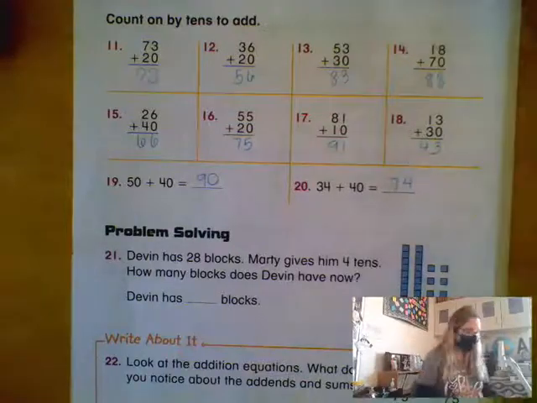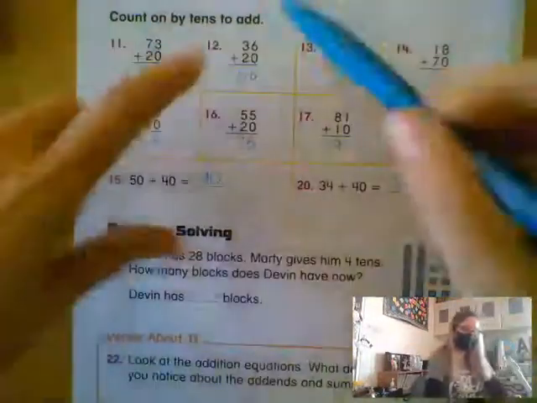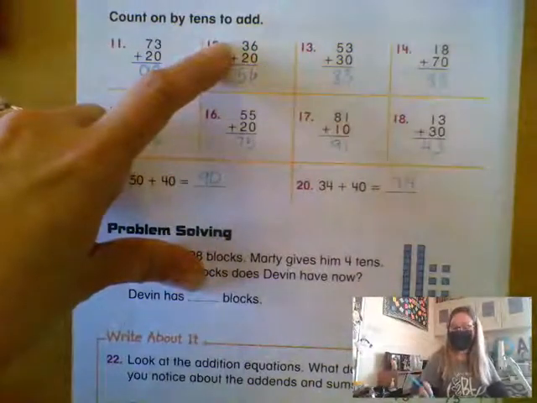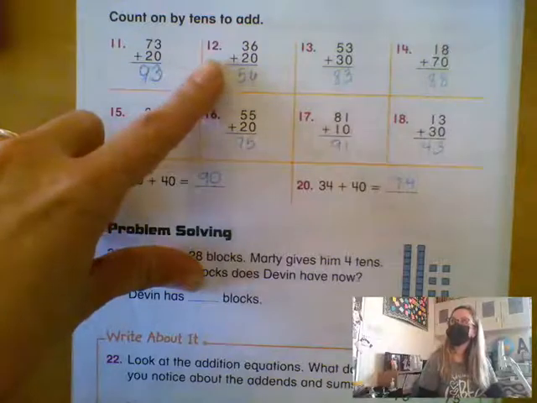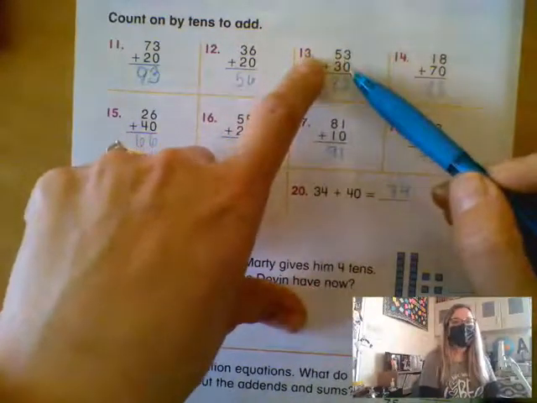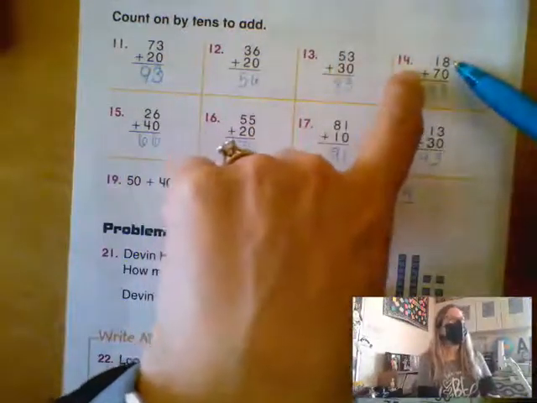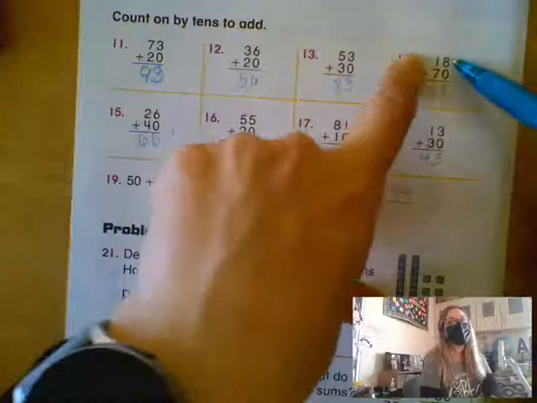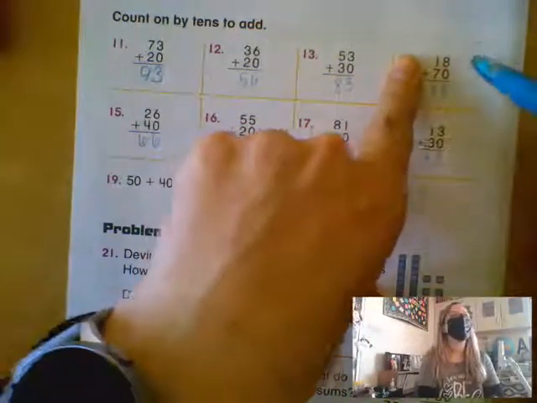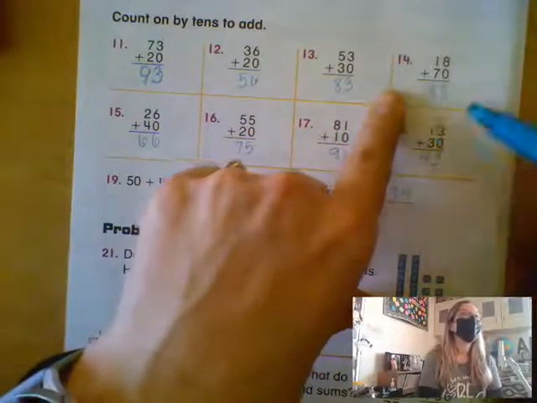All right, here we go. Let's check our work. For the first one, you should have traced the 93. Going from 36 plus 20 would be 46, 56. 53 plus 3 tens would be 63, 73, 83. 18 plus 70 would be 18, 28, 38, 48, 58, 68, 78, 88.